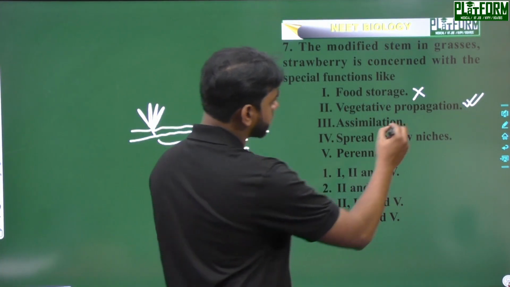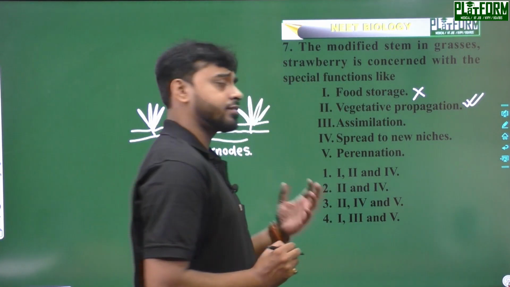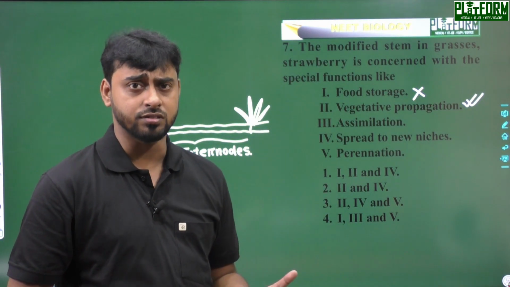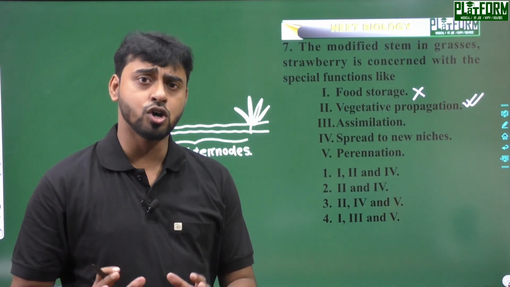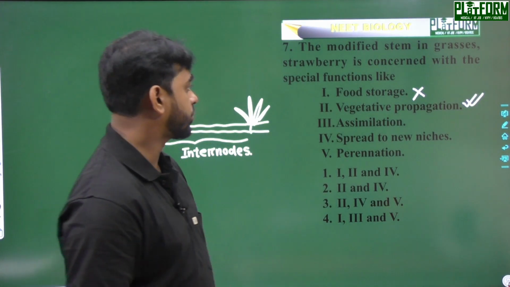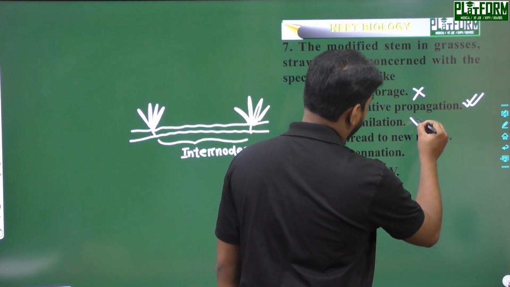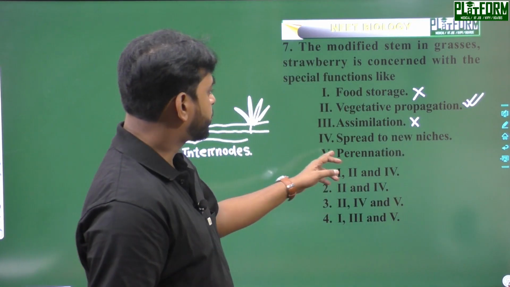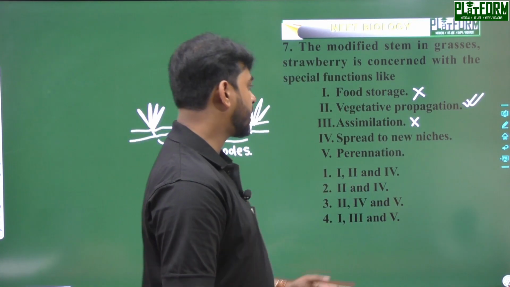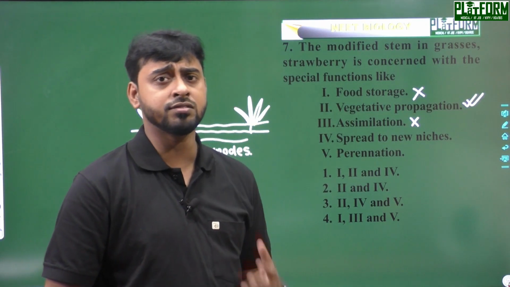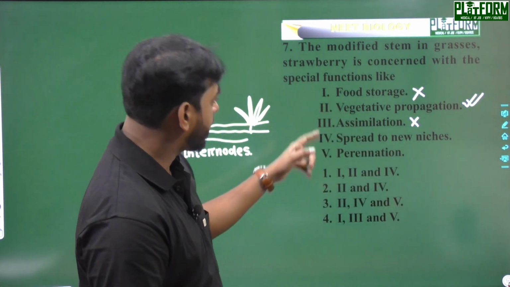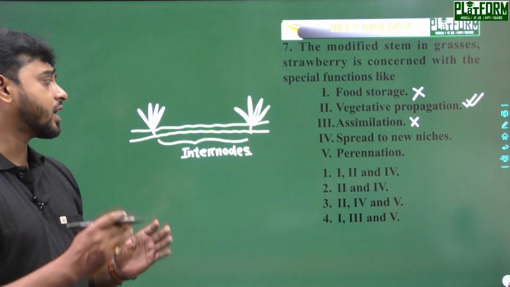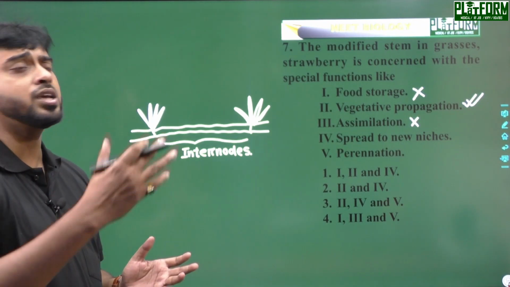The next one, assimilation. Assimilation means the photosynthesis. It is not at all the major part which is involved in the photosynthesis. So it is also the wrong statement. Spread to the new niche. Definitely, what is the meaning of niche? Niche means the area. So with the help of the runner, they can easily spread to the new areas.